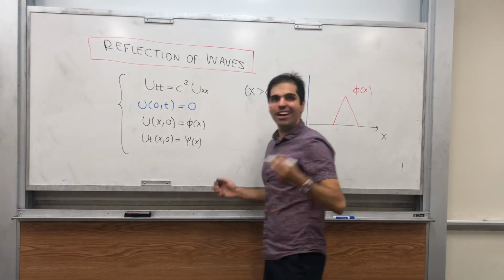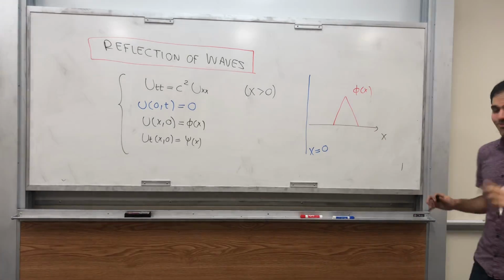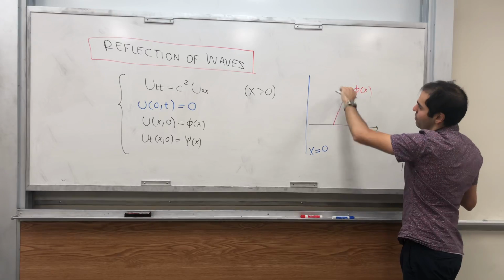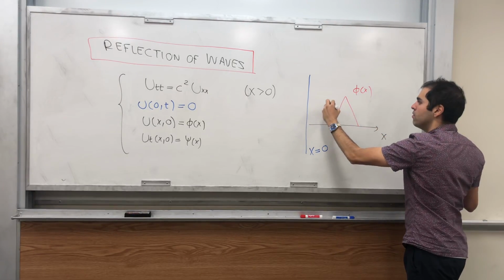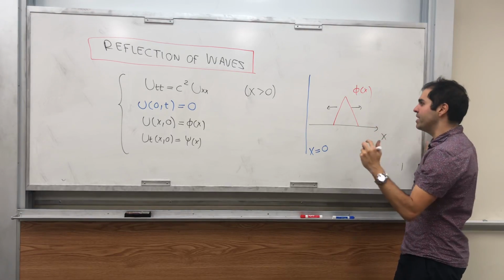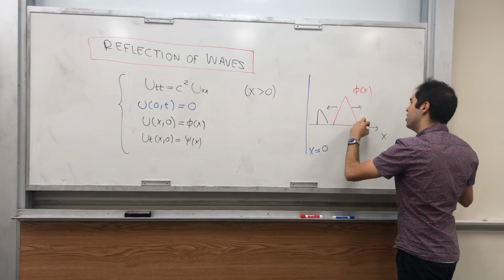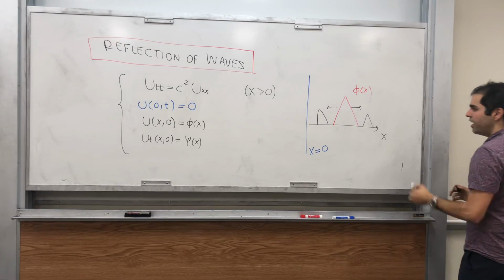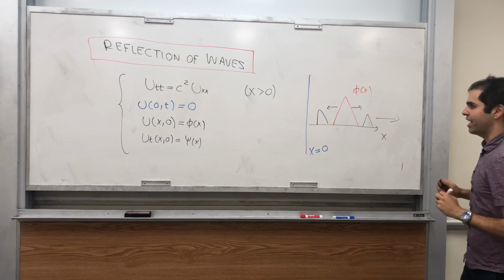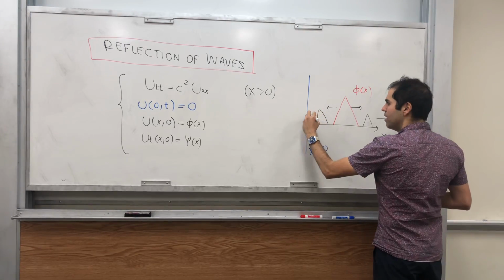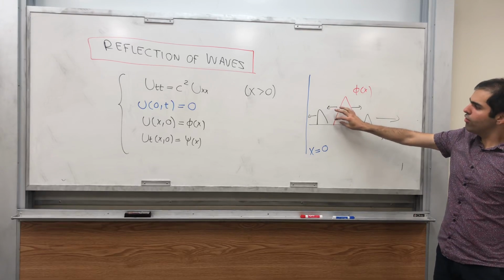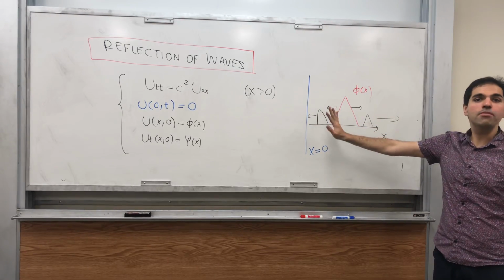That's another reason why I like PDEs. You can actually guess what's going to happen to your solutions most of the time. Now, what's going to happen? Well, as we know from the wave equation, this initial wave splits up into smaller waves. Notice the one on the right just travels freely. But the one on the left is kind of interesting, because for at least a short amount of time, nothing happens.